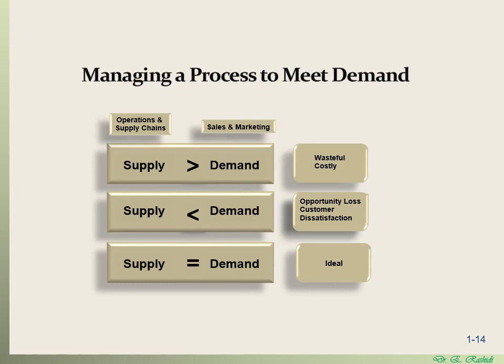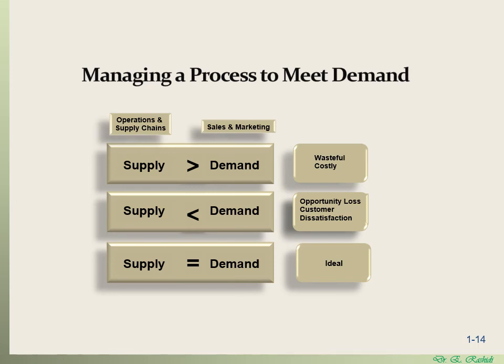This scenario is wasteful and costly for the organization. The other scenario is that the supply is less than the demand. This scenario means loss of opportunity and customer dissatisfaction, because customers do not get the product or service that they want from the organization.